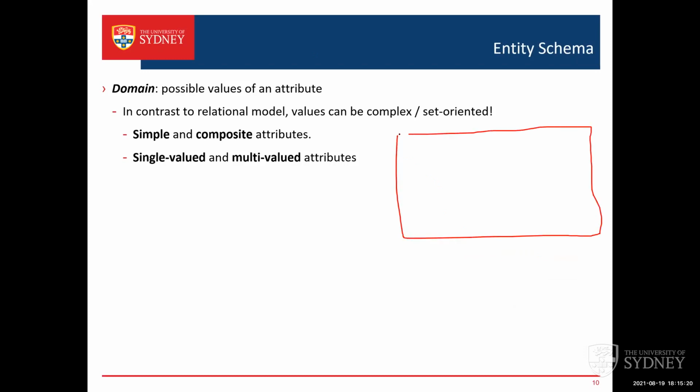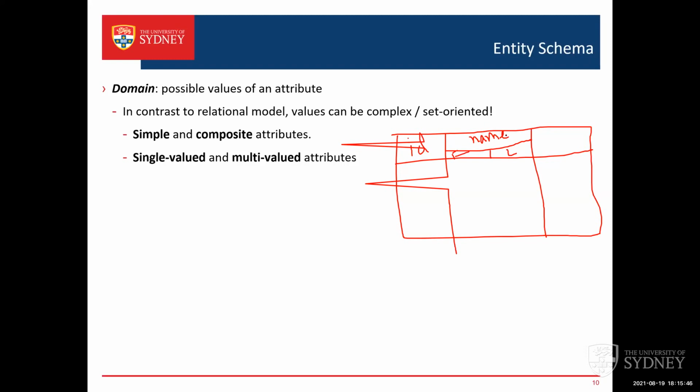So let's say I have a table here like this. Okay, so let's say this is ID. Here I have name. I can divide this name into multiple parts, right? I can write first name and last name. So this is what composite attribute is.